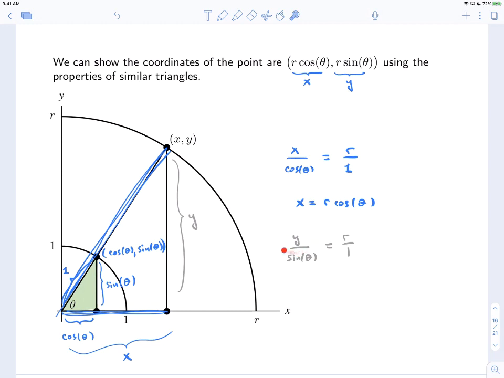So the altitude or the height of the big triangle compared to the height of the small triangle is in the same ratio as the hypotenuse of the large triangle to the hypotenuse of the small triangle. So again, we cross multiply to get that y is equal to r times sine of theta. And that's how we determine that the x-coordinate of this point is r times cosine theta and the y-coordinate is r times sine of theta.